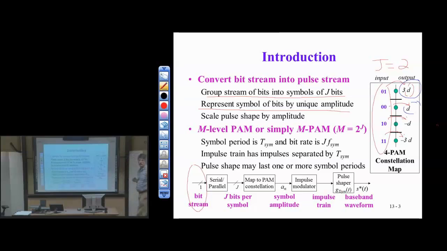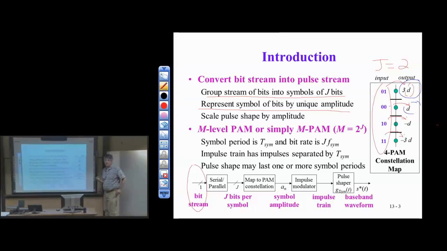That's our average power. So the peak power is 9D squared and the average power is 5D squared, just the average of these two. It's the average of the power used by 3D and the power used by D. We only have to look at half the story because the bottom half is symmetric with the top half.